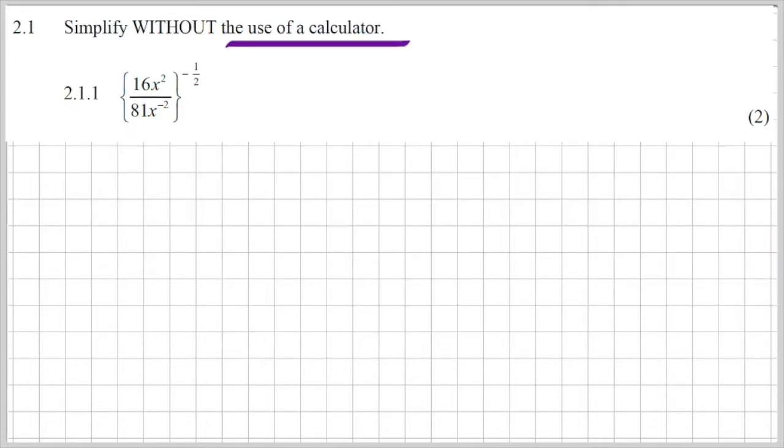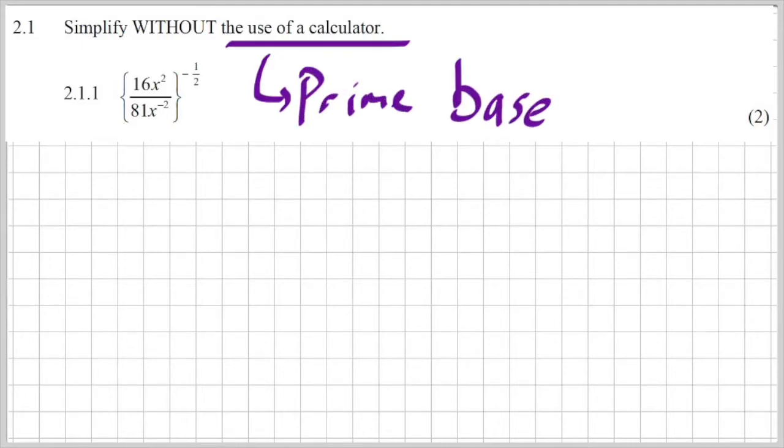When we look at question 2.1, I've highlighted the very important words for me, which are "without the use of a calculator." Okay? It basically tells me that I am going to have to make my bases prime. So I'm going to take that expression and change the 16 into 2 to the 4, same with the 81, 3 to the 4.